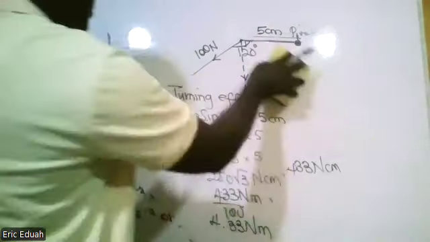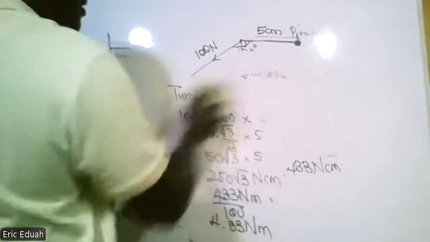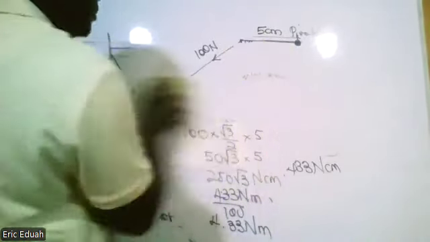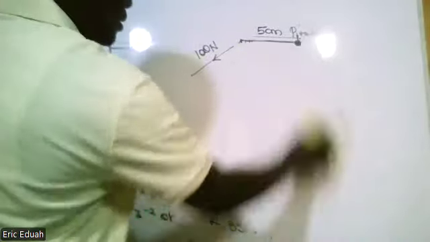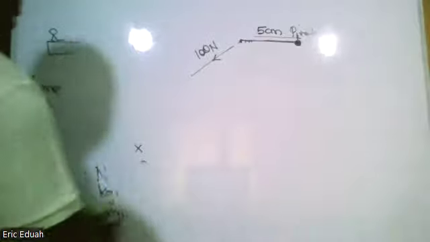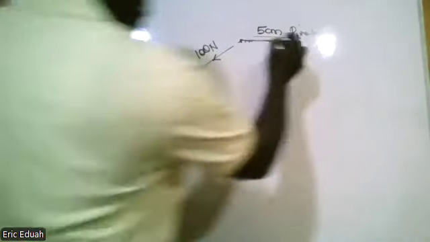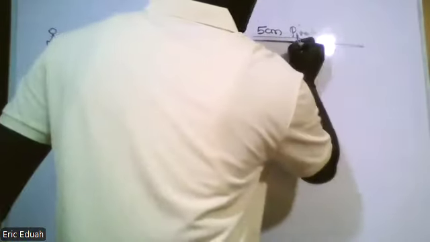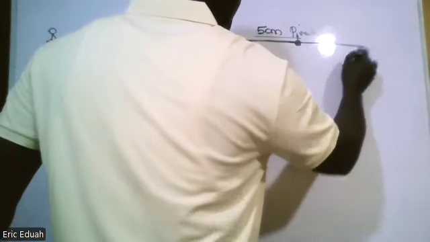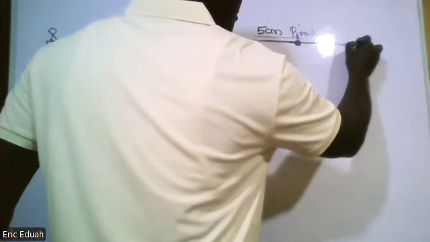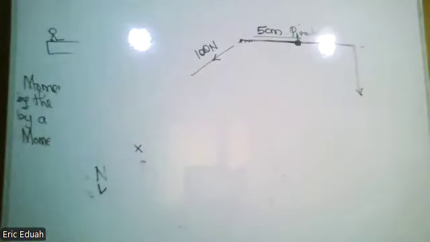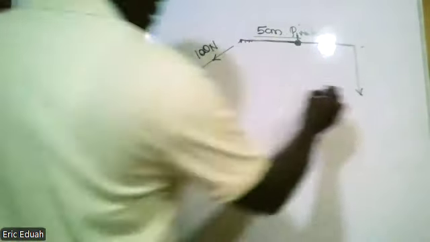Another question. So we have a long bar pivoted at one point. There are a number of forces acting in different manner.